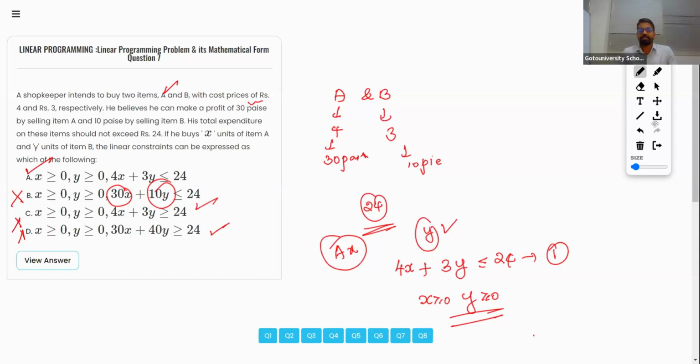We are maximizing the profit, not the cost. Cost has to be always minimized. They're asking only the constraints, but not the objective. So what is the actual objective? Maximize the profit.